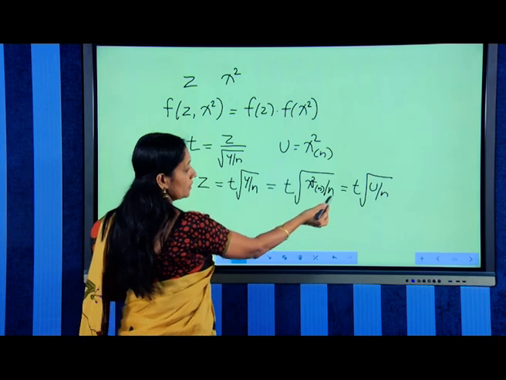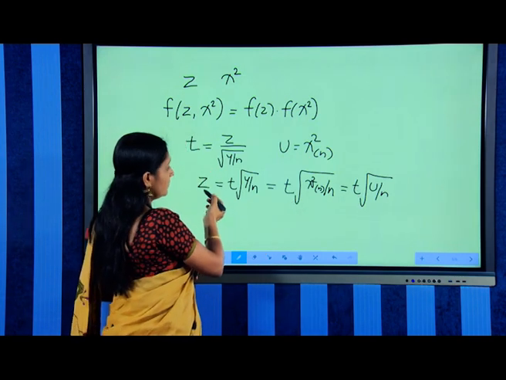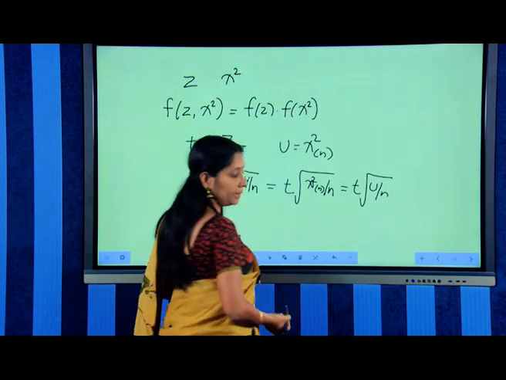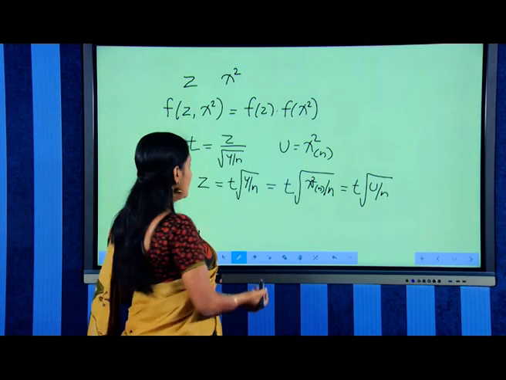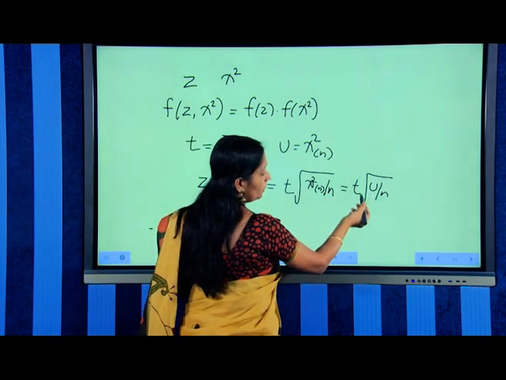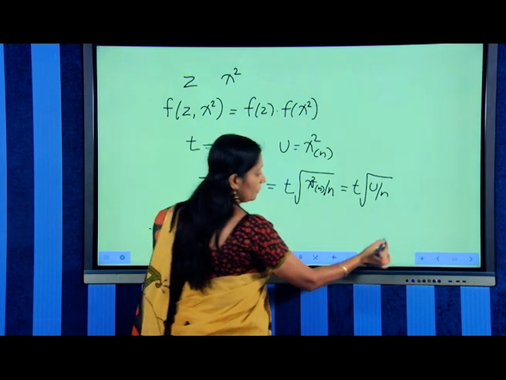Z is equal to t root u by n. So, when we find the partial derivative of z with respect to t, we get root of u by n, and similarly partial derivative of z with respect to u will give you t by root n into 1 by 2 root u.